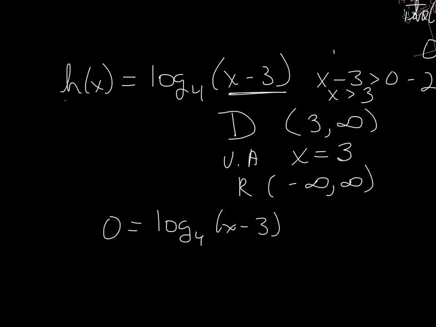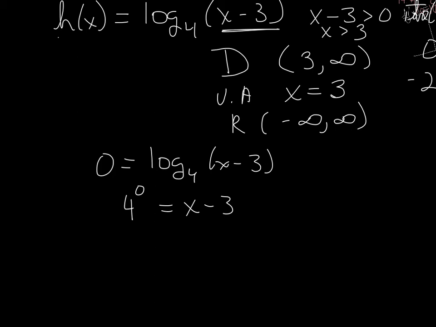How would I rewrite this exponentially? It would be 4 to the 0 equals x minus 3. And what's 4 to the 0, Annalisa? 1. So x equals 4. So we have a new x-intercept.